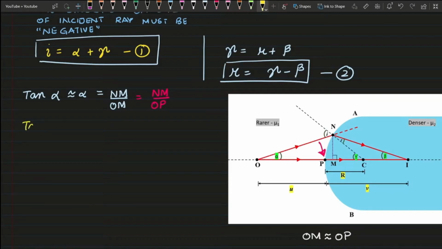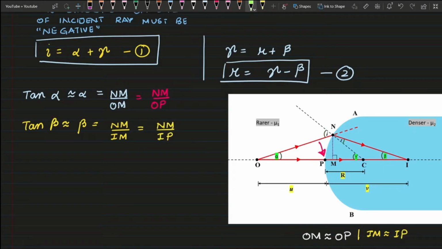So now tan beta will be nearly equal to angle beta. And if you look at triangle NMI, perpendicular upon base is NM and base is IM. Again I can write that IM will be nearly equal to IP because of the same assumption. So in place of IM, I will write IP.